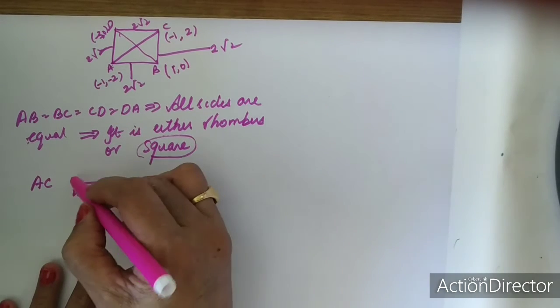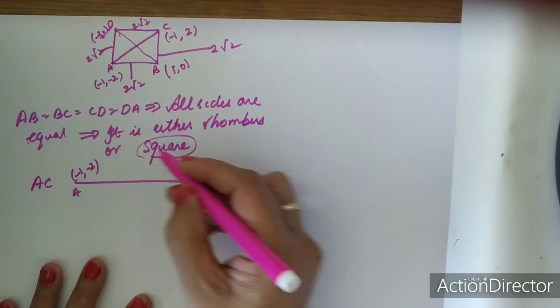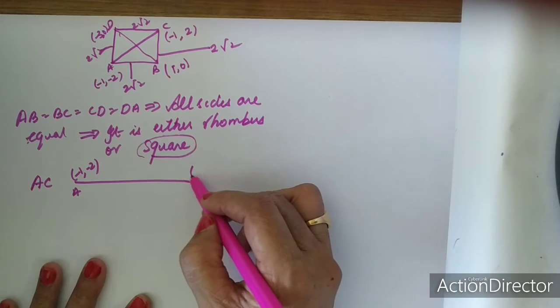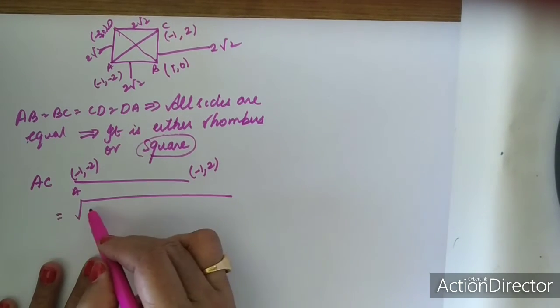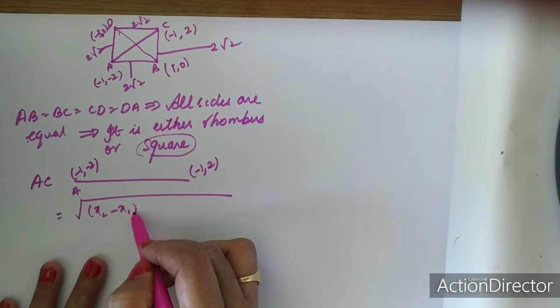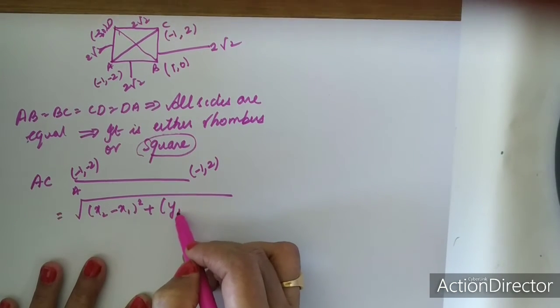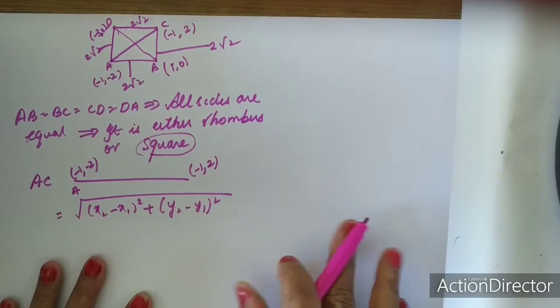A is -1, -2 and C is -1, 2. Let us check the distance formula. Under root of (x2 minus x1) whole square plus (y2 minus y1) whole square.